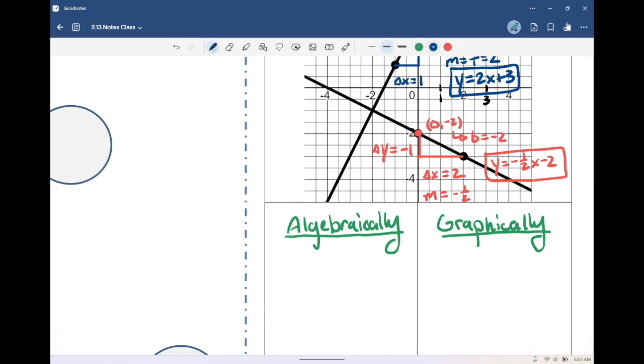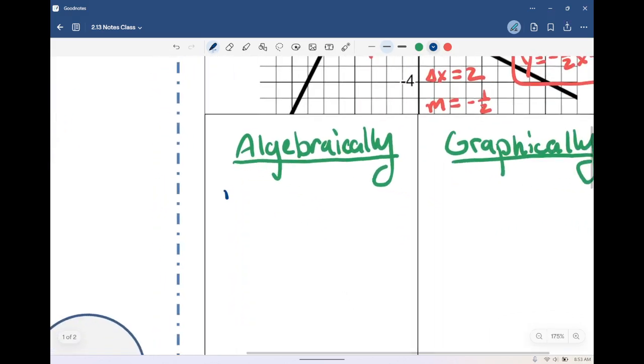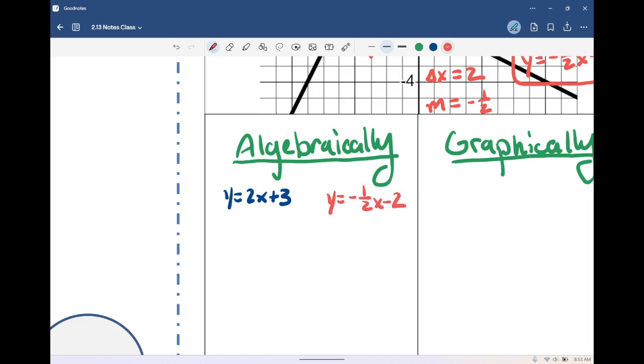The first thing I'm going to do is rewrite the equations so that I can look at them more closely. We have y is equal to 2x plus 3, and y is equal to -1/2 x minus 2. Now, when we talk about perpendicular lines, their slopes interact in a very distinct way.